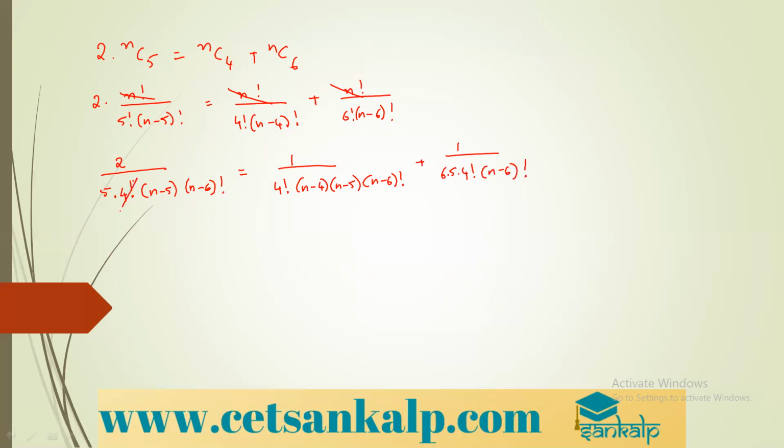So that I can cancel 4 factorial everywhere and I can cancel n minus 6 factorial also everywhere.